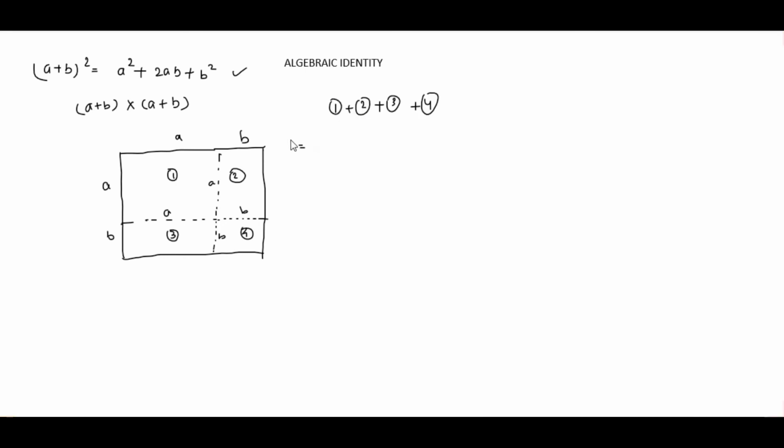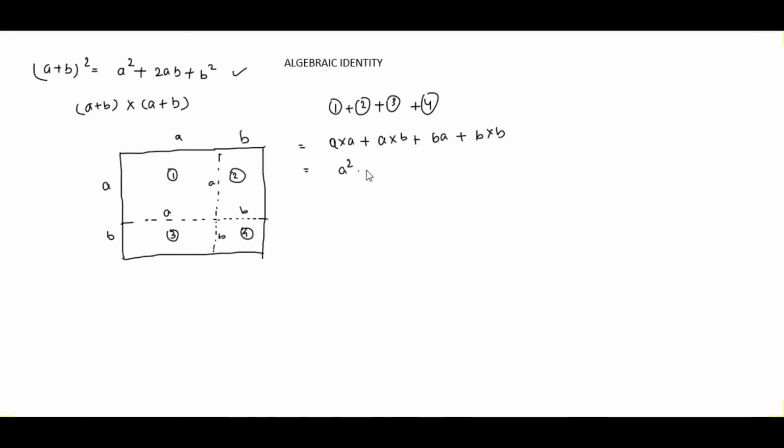Now let's add the areas of different rectangles. What will be the area of rectangle 1? A into a plus area of rectangle 2 will be a into b plus area of rectangle 3 will be b into a and the area of rectangle 4 will be b into b. Let's simplify this.